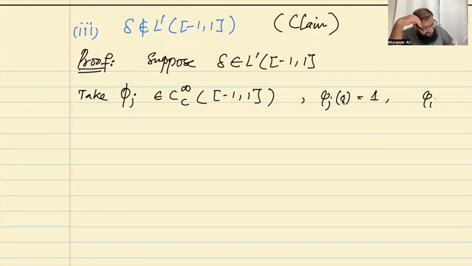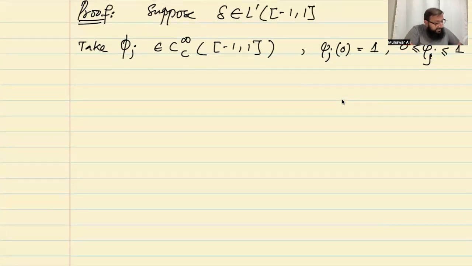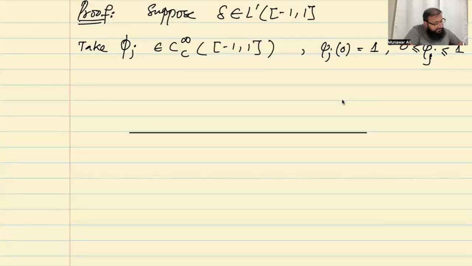And I'm saying that phi j takes values between 0 and 1. This means they are always between 0 and 1, and at 0, they all take value 1.